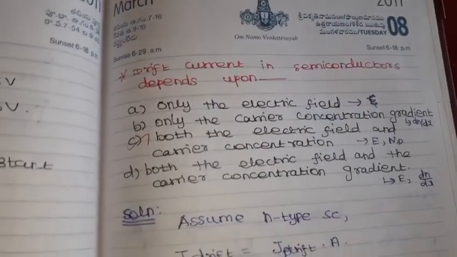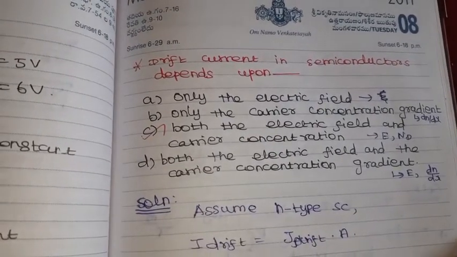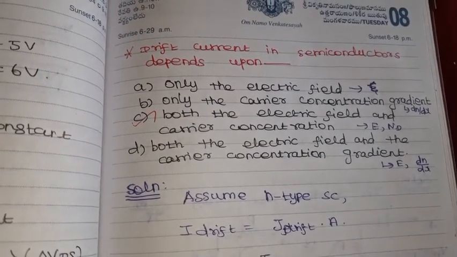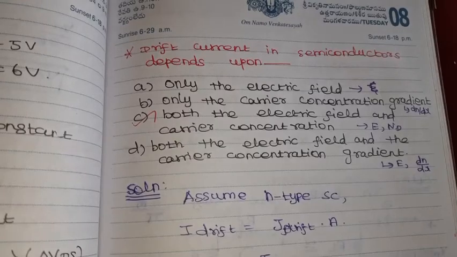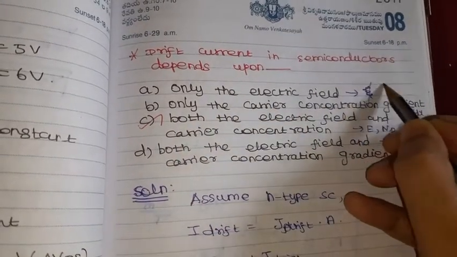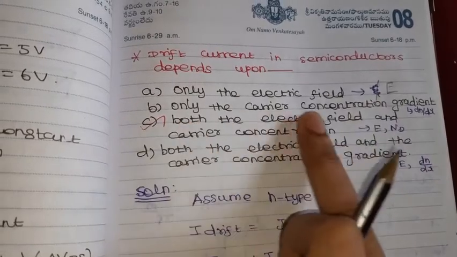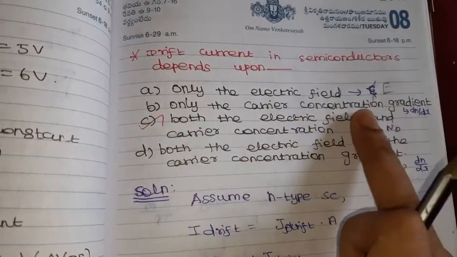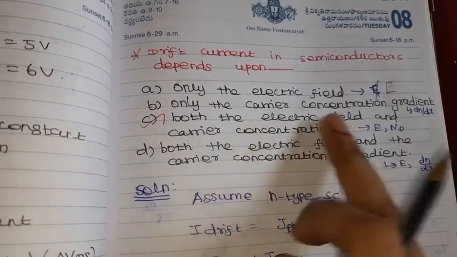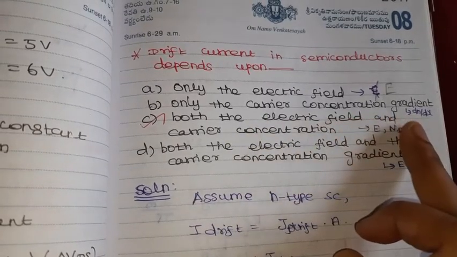Then, drift current in semiconductor depends upon, 4 different options are given. We will see. First we should know the drift current formula. Then we'll find out. Okay. So what are the options? Only the electric field E. Only the carrier concentration, not concentration gradient. So carrier concentration and carrier concentration gradient are both different.